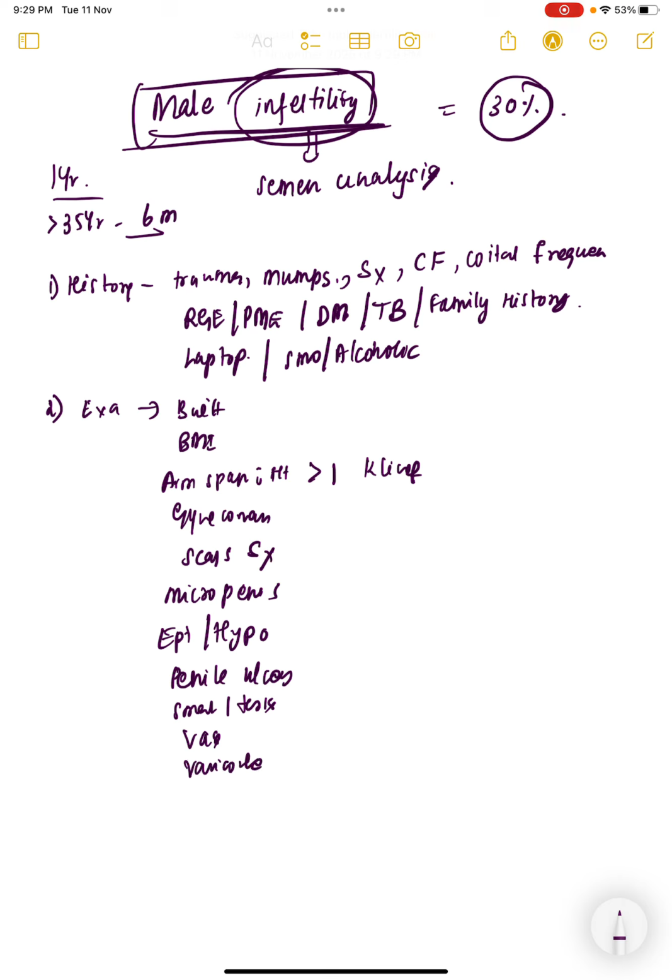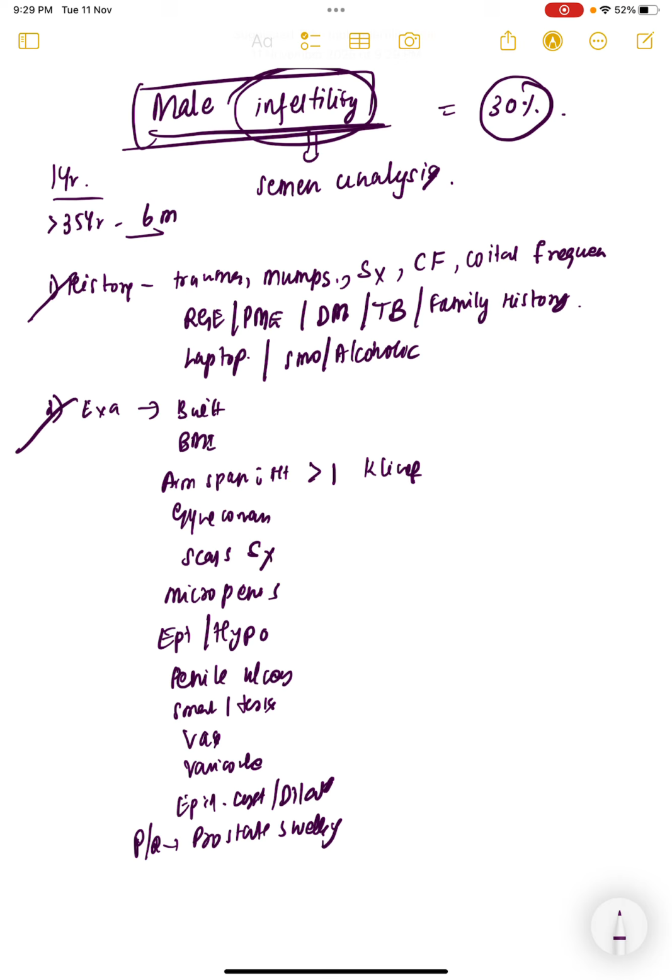You also check for epididymal cyst or epididymal dilatation. If the prostate is palpable, you do a PR examination and check for any prostate swelling or midline cyst. So in brief, you take the history and check on examination.